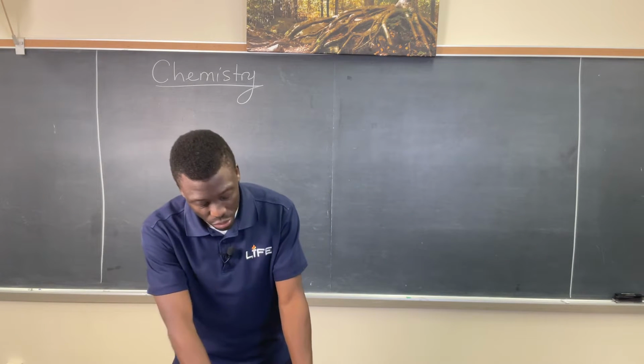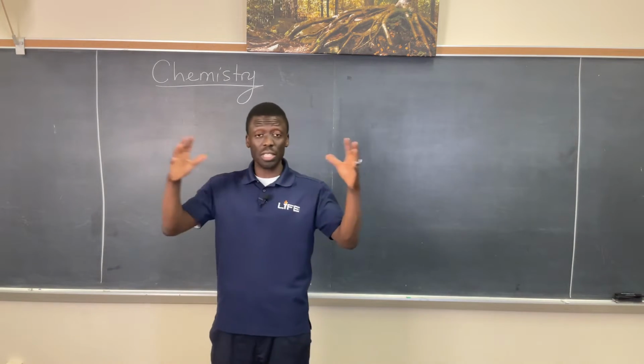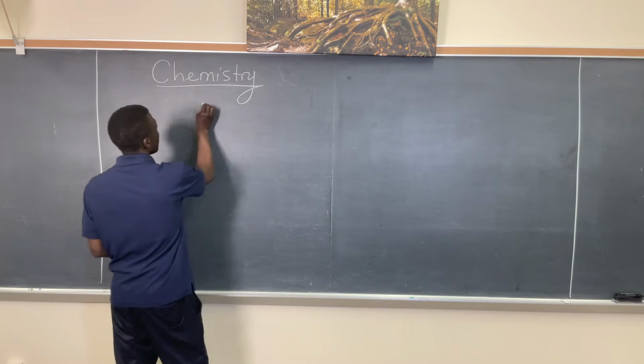I have the book here and we're just going to follow along. The key units that you need to know in the broad scheme of things are two categories of units. We have the English units and the metric units.